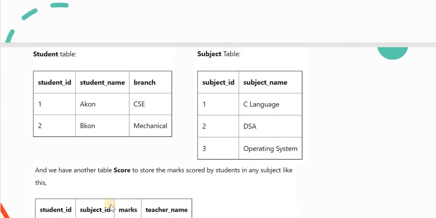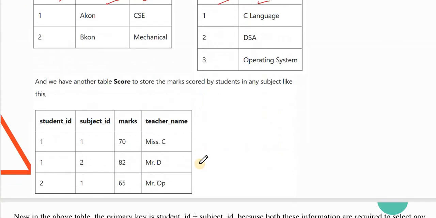Let us take a student table, which has the attributes student ID, student name and branch, and another table with subject ID and subject name. And also we'll have another table to mark the score of a student: student ID, subject ID, marks and teacher name.